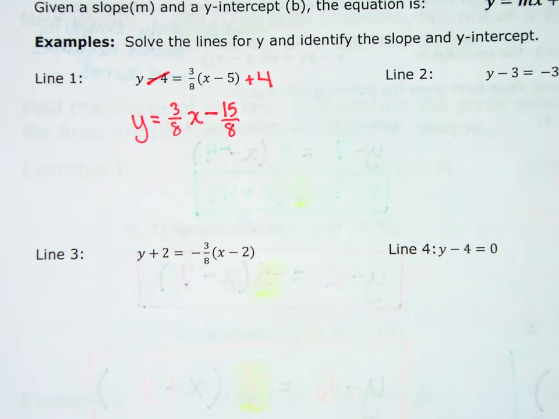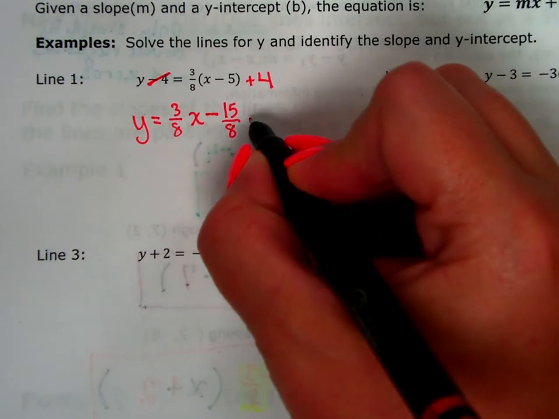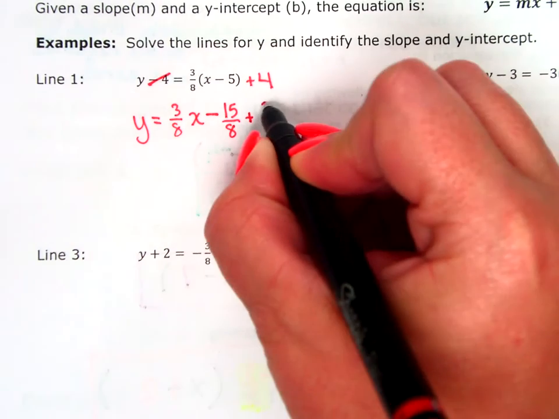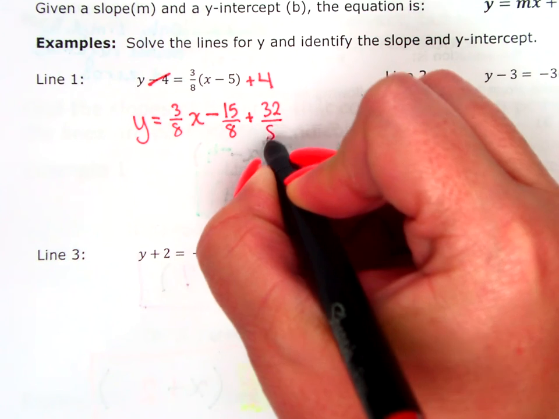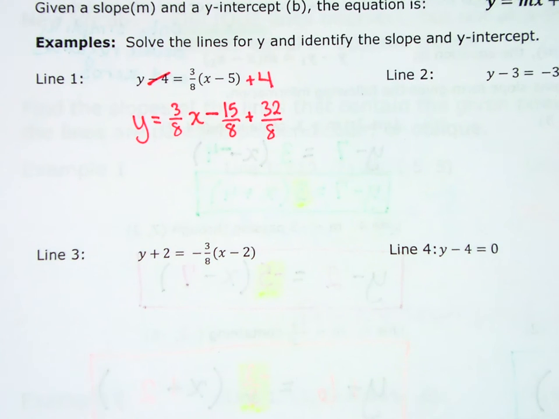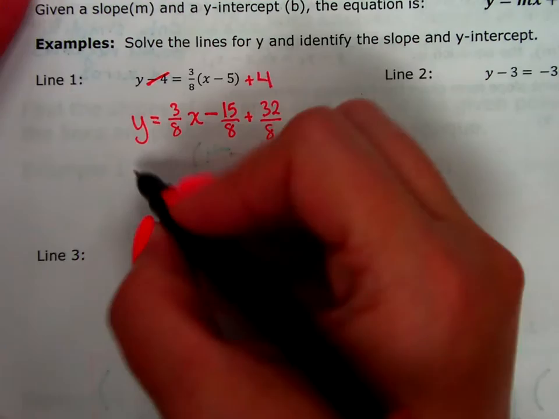Plus 4. Now here's the problem. I'm going to have to combine the 15/8 with the 4. So I'm trying to think ahead. Because I'm a mathematician, I don't want to have to rewrite this a million times. So I'm going to have like denominators to be able to add them together. What's 4 times 8? 32. So would you agree that if I write a positive 32 over 8, that's the same thing as adding 4? 32 divided by 8 is 4.